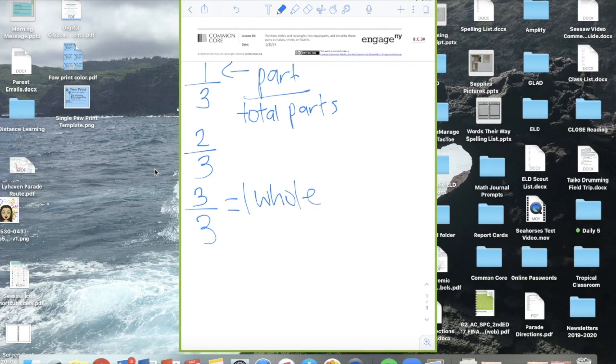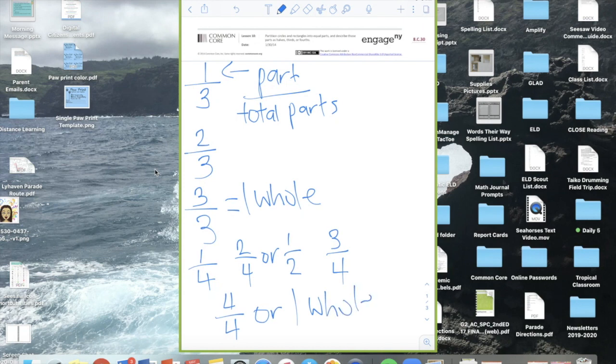Okay? For fourths, it'd be 1/4, 2/4, or 1/2, like we just said. 3/4, and then 4/4, or 1 whole, which we've learned in number corner before, right?